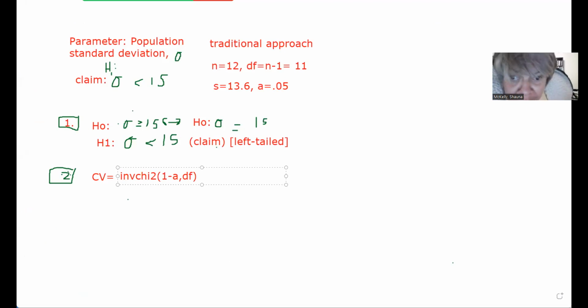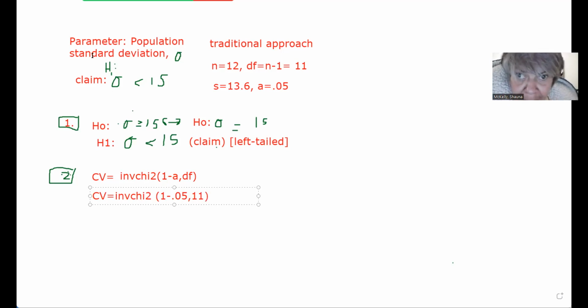So then we're going to say that this is equal to my critical value, which will be equal to inverse chi squared, 1 minus 0.05. My degree of freedom is 11. So let's put that in the calculator and see what we get.